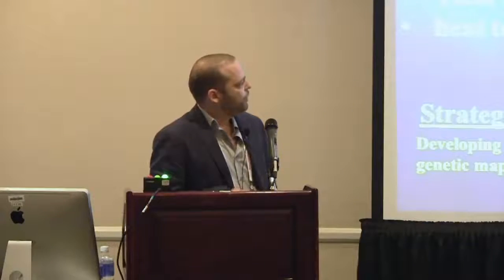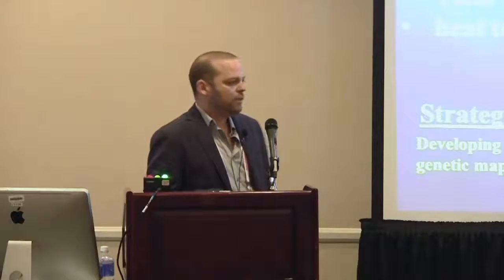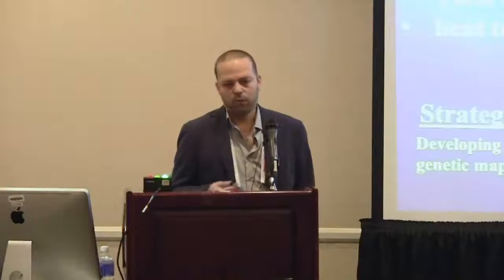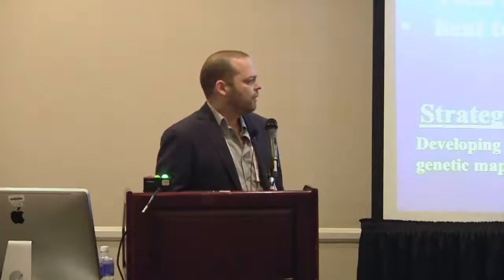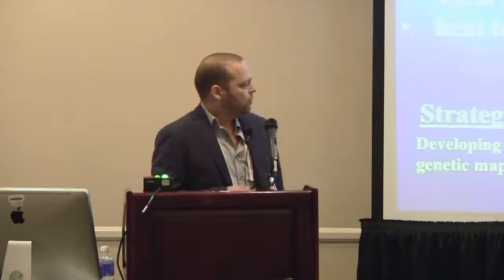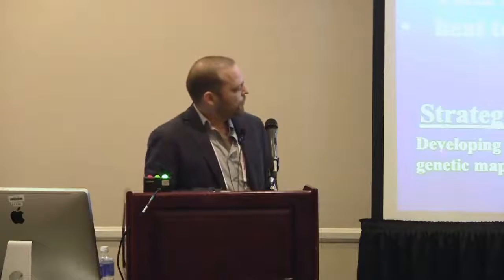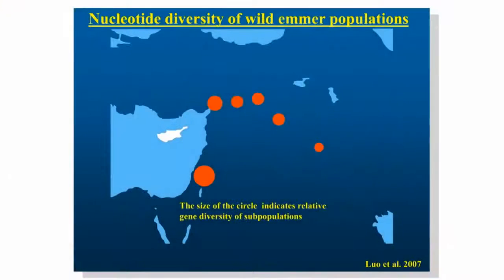We are looking into yield and quality and also heat tolerance. Wild wheat is growing in warmer places in the Fertile Crescent, and it is shown to have genes responsible for heat tolerance, which is becoming very important due to global warming. And our strategy is to develop parental populations for genetic mapping and gene discovery.